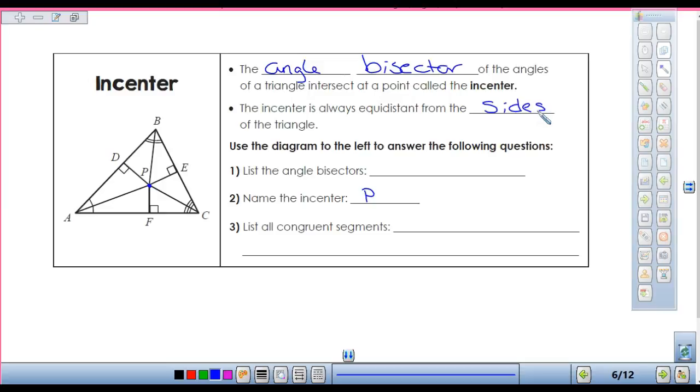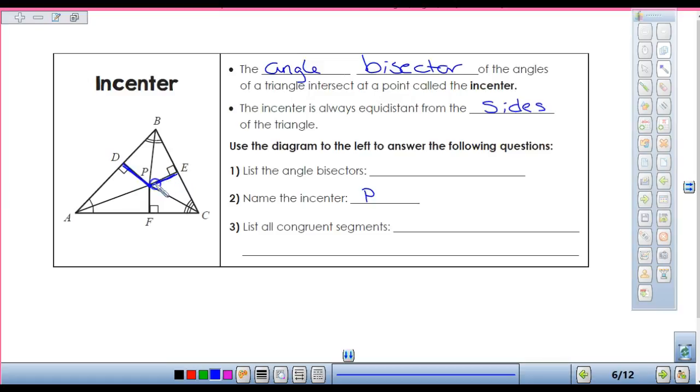Okay, so circumcenter, I was talking about the segment that went from vertex to circumcenter, right? When I'm talking incenter, I'm talking about the segment from the incenter to the side, where it makes a right angle to the side.